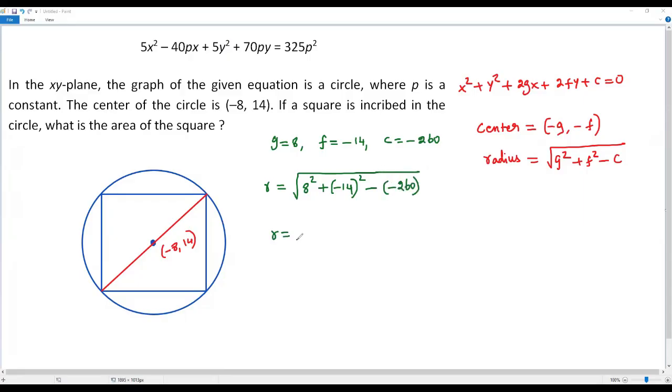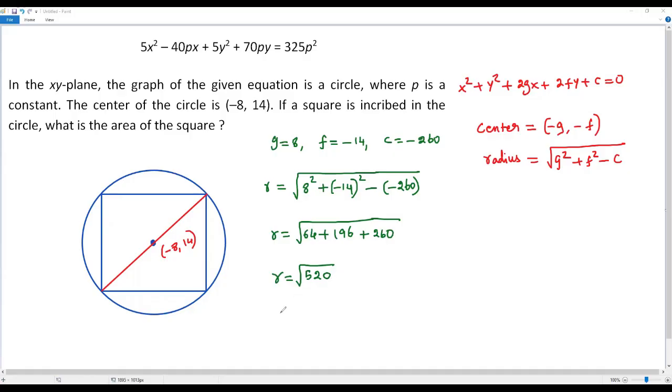Okay, r equals the square root of, the value of 8 square is 64 and the value of negative 14 the whole square is 196. Negative times negative is positive 260. When I add all these three values, I am getting 520. Here I got the value of r squared, that is 520.